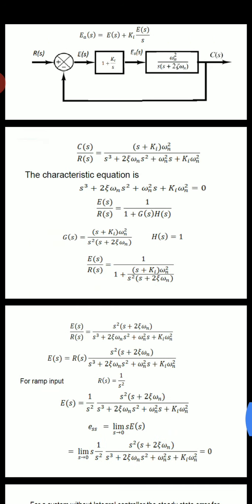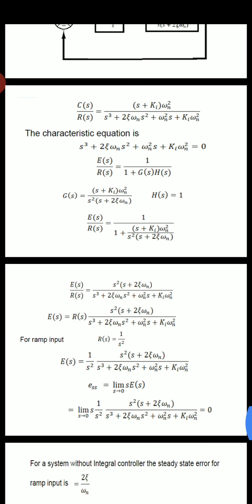Next, E(s)/R(s) is s²(s + 2ζωn) divided by s³ + 2ζωn s² + ωn² s + Ki ωn². E(s) is equal to R(s) into that, and you substitute the R(s) value, that is 1/s².